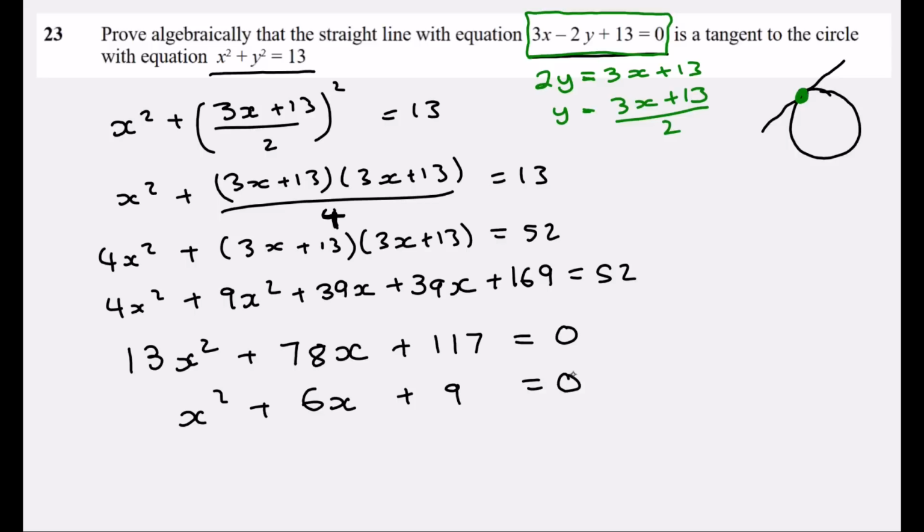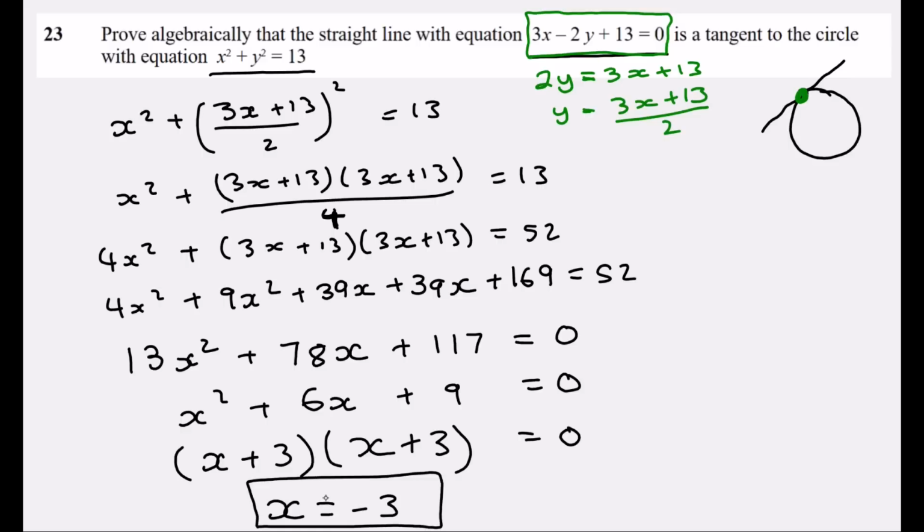And this factorizes. It's (x plus 3) times (x plus 3). And so there's only one answer. x is negative 3. So there's only one intersection. Therefore, it's a tangent.